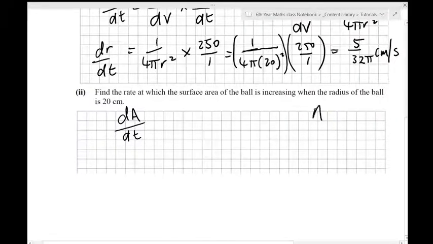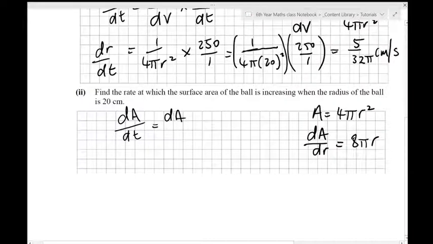So again, we know that we have a formula for surface area, which is 4 pi r squared, from our maths tables. If we differentiate that, we end up with dA/dr, which is 8 pi r. Now, if we multiply that by dr/dt, we would get dA/dt, because algebraically dr would cancel and we'd be left with dA/dt.